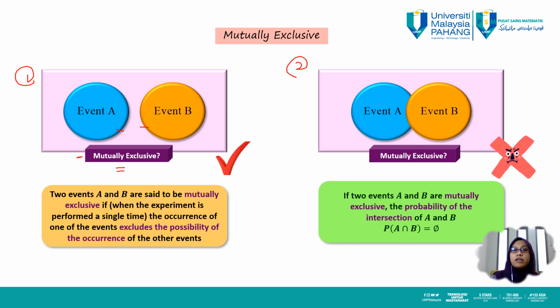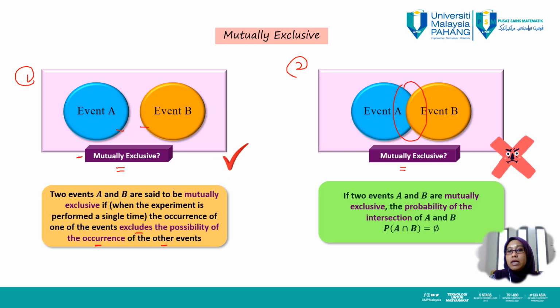While for Venn diagram number 2, this is not mutually exclusive because event A and event B have an intersection. Two events A and B are said to be mutually exclusive if the occurrence of one of the events excludes the possibility of the occurrence of the other event.